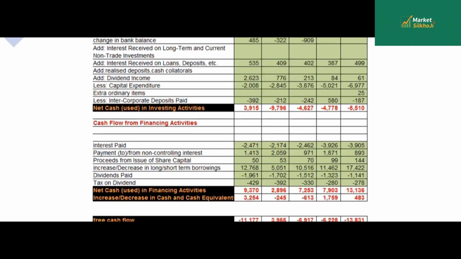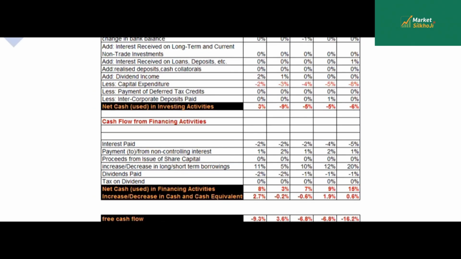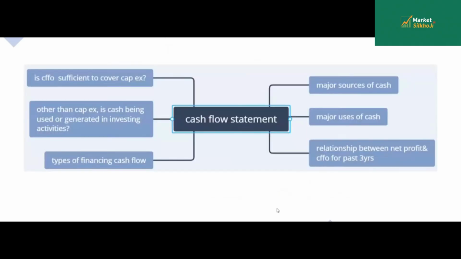So close to 35,000 crores of negative free cash flows. That much money is going out of the business, not coming in. Free cash flow to sales, generally we want this number to be positive, 5%. Positive first, we want it as positive. How much positive? 5%. But here you can see consistently negative numbers.